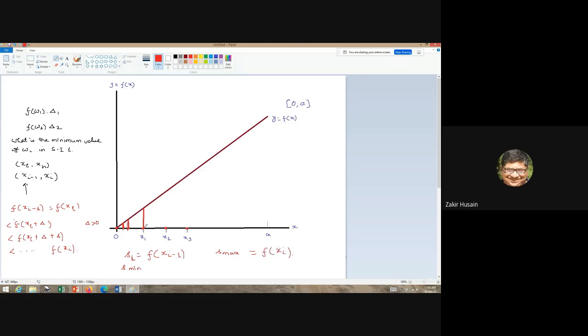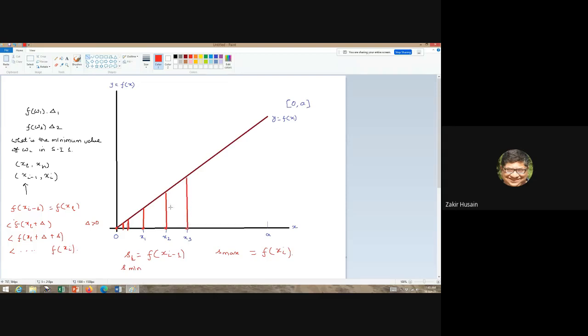Okay, so that means if we want to find out the smallest sum of the Riemann integral, we should take these values. First is over here, then is over here. Next we move to here, here, and so on.